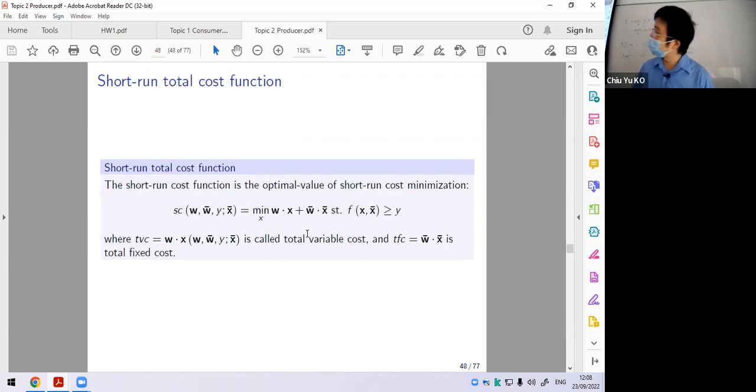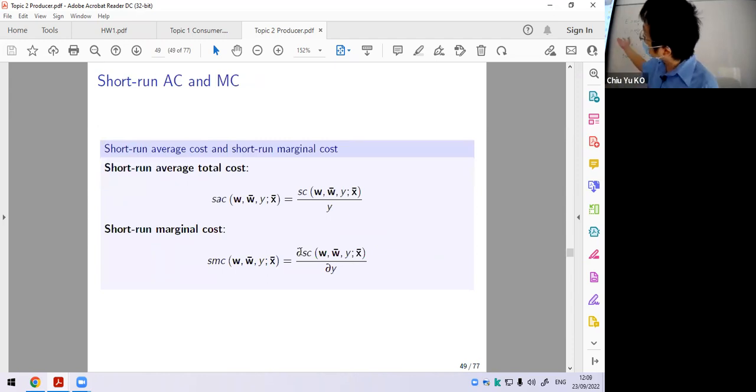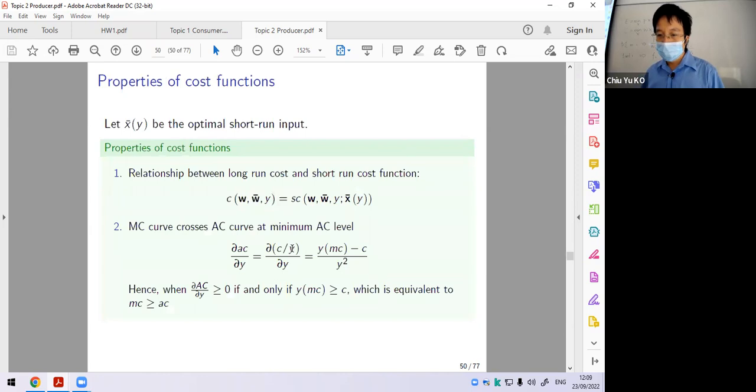And that leads you to a short run total cost, right? And there will be short run average cost or marginal cost. I think that is not very important. So for this property, I just say it. Probably you have learned it already. So how are they related, right?